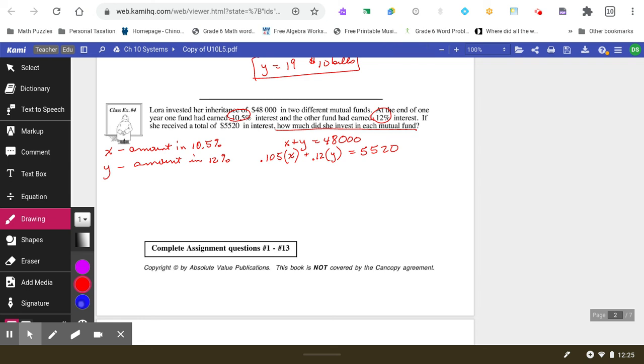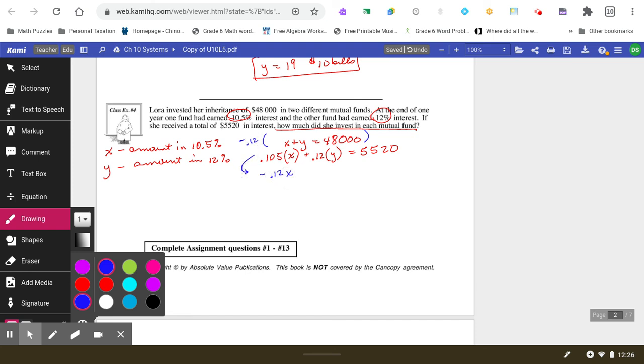I'll do it by elimination again. So I will multiply this one by, let's get rid of the y's, a negative 0.12. So put it down here. Negative 0.12x minus 0.12y equals 48,000 times negative 0.12, which is negative 5760. Okay, my y's will be eliminated.